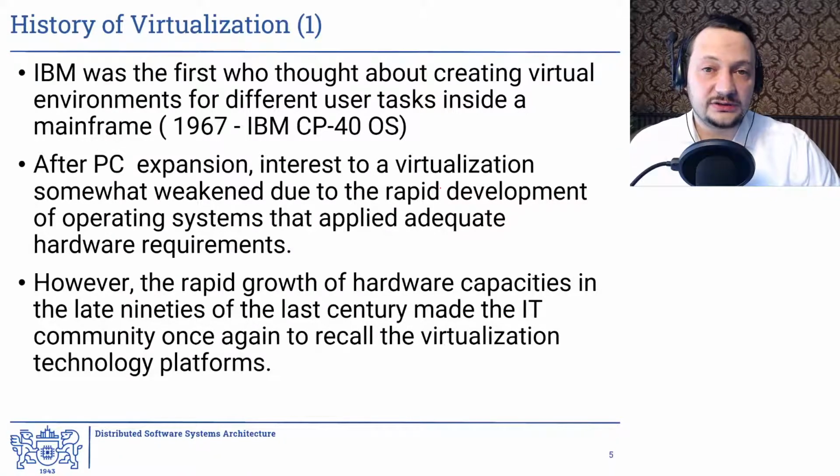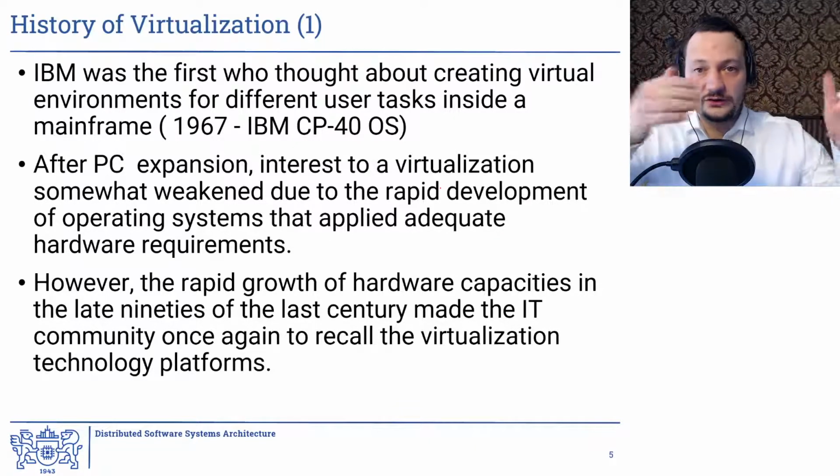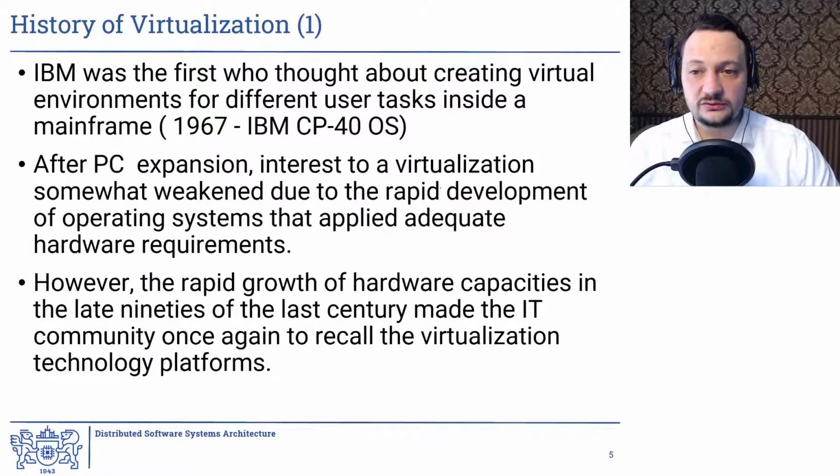And mainframes were the grandfathers of the current server technologies. So in 1967, the IBM CP-40 operating system allowed creating so-called jails, or parts of the operating system, to separate the tasks from each other.